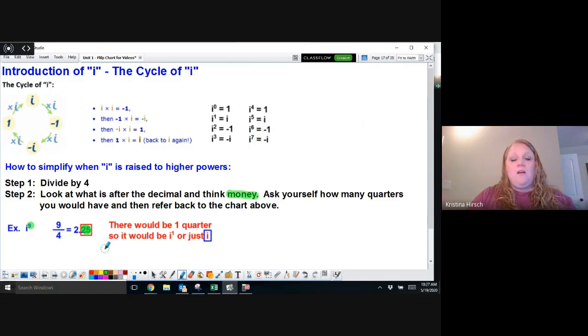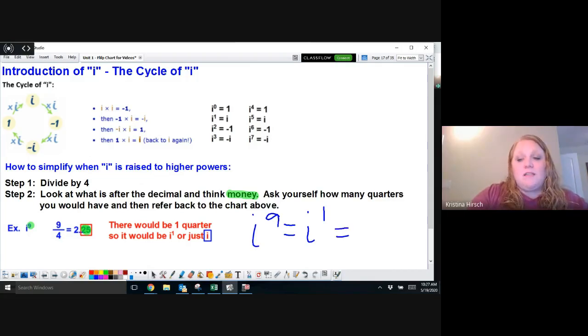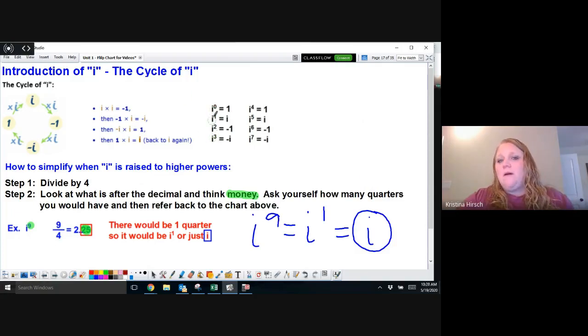How many quarters is that? 1. So i to the 9 is equivalent to i to the 1st power, and anything to the 1st power is itself, so my answer is i. I don't pay attention to this chart as much because I know my properties of exponents, but it may help you to refer back to it.